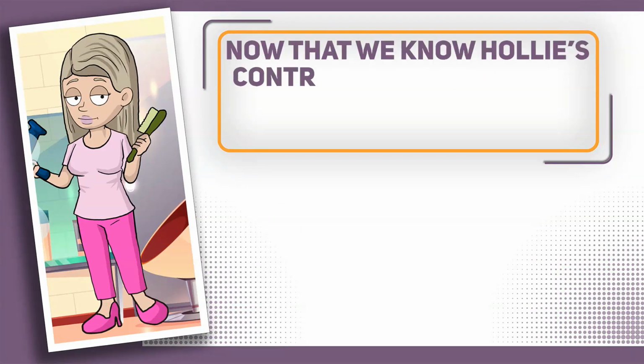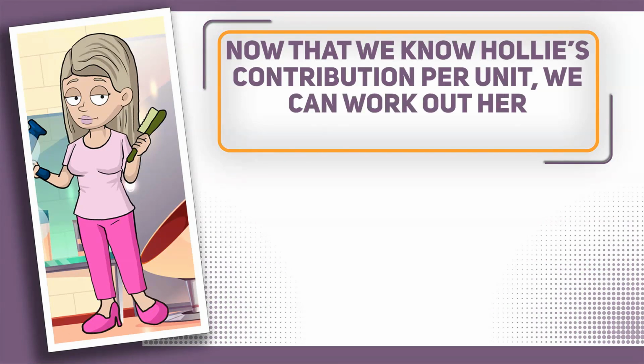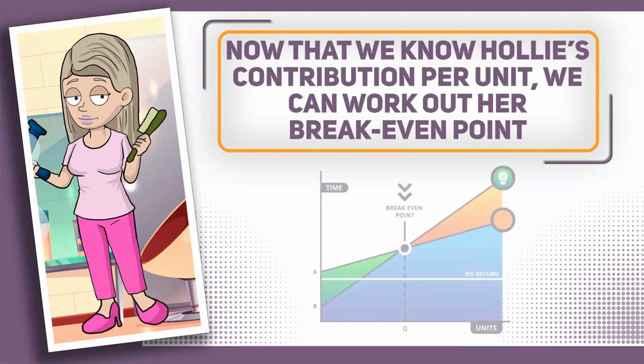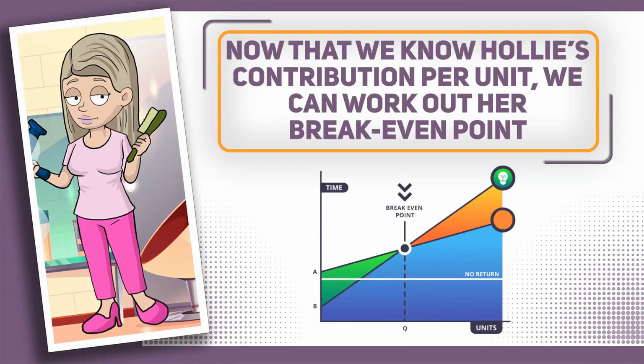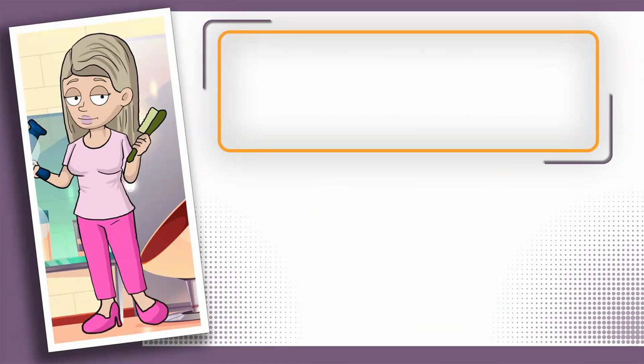Now that we know Holly's contribution per unit, we can work out her break-even point. How many haircuts does Holly need to do before she can break even? We know that Holly's fixed costs are £50,000 per year and that her contribution per unit, per haircut, is £40.